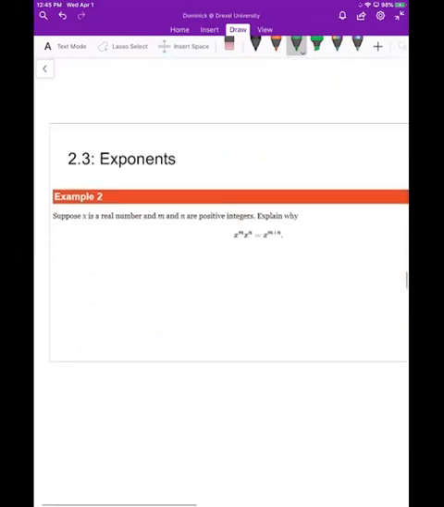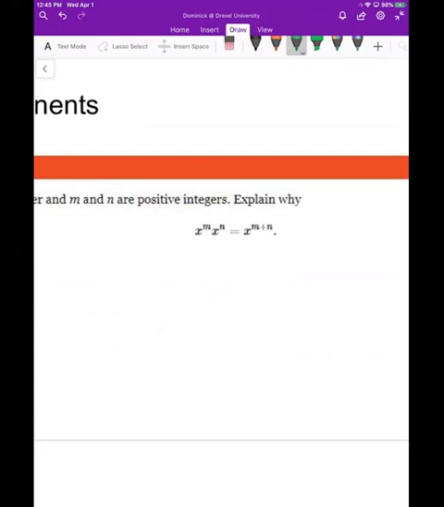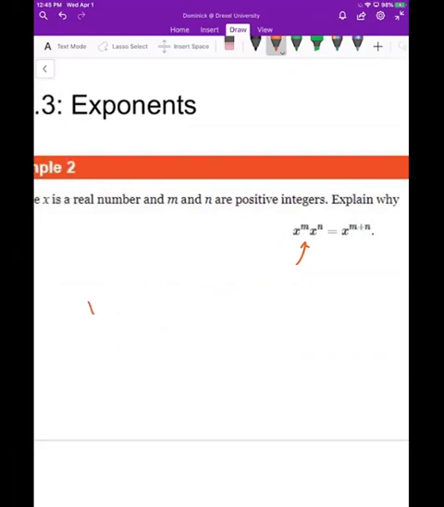All right, now we're going to show the next rule here. The next rule explains why, if we multiply two numbers with the same base, we add their exponents. Why is that happening? Well, let's check this out. We said that x to the m earlier was just x being multiplied by itself m times.